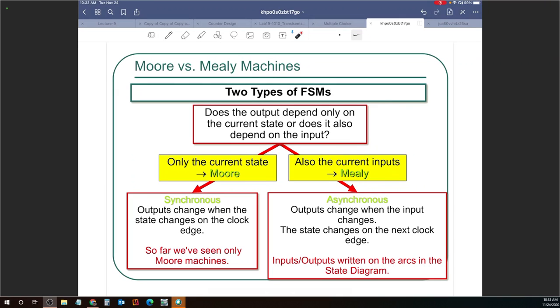And the other way the outputs can change here is based on the state of the flip-flops, very similar to a Moore machine. So a Mealy machine is a little bit more useful, and actually we'll see more benefits of a Mealy machine, and we'll see how it can be simplified more than the Moore machine, which means that it's going to be a little bit more efficient in terms of implementation.